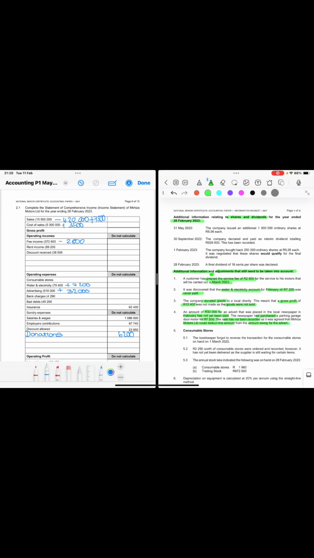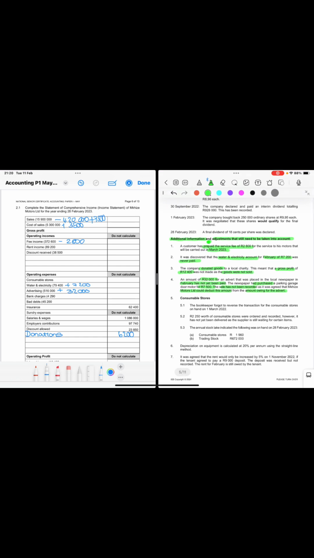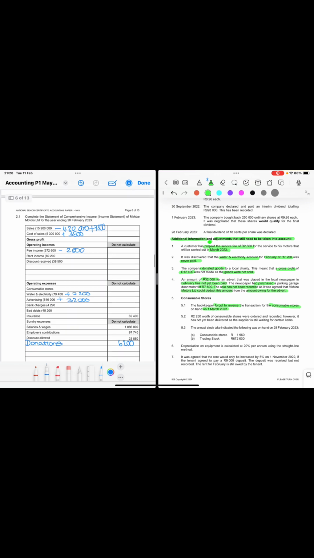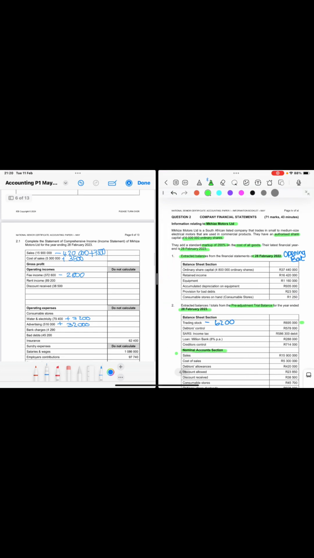Alright, then we continue. We have consumable stores. The bookkeeper forgot to reverse the transaction for the consumable stores on hand on the 1st of March 2022. So, if you remember, with the information given, we're given opening balances, and there we have consumable stores on hand of 1,250.